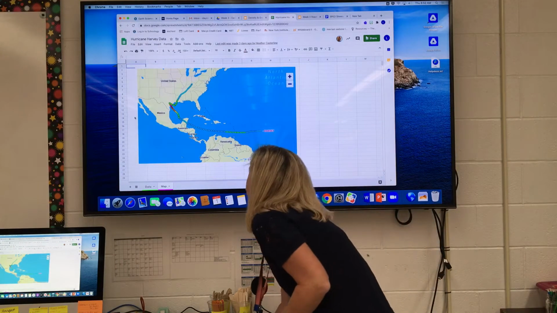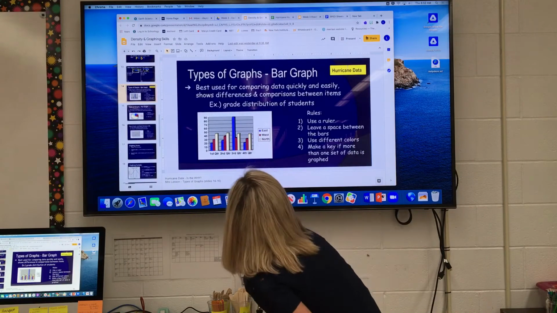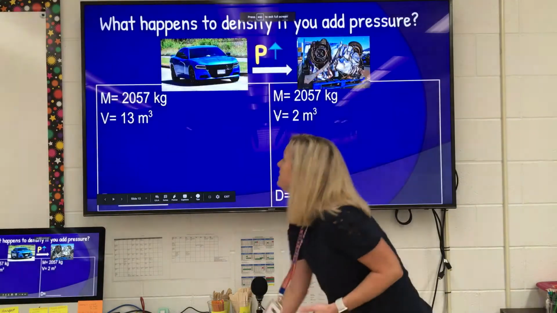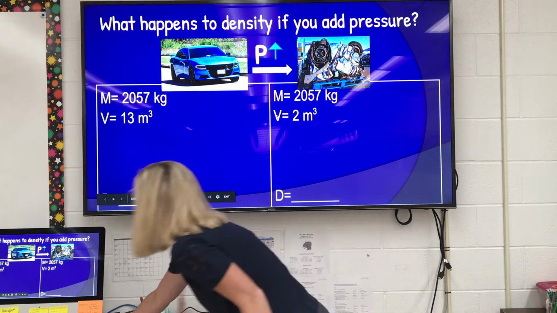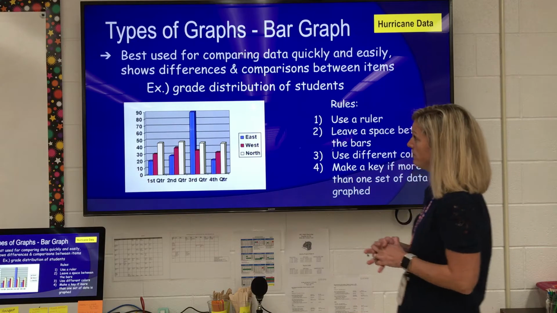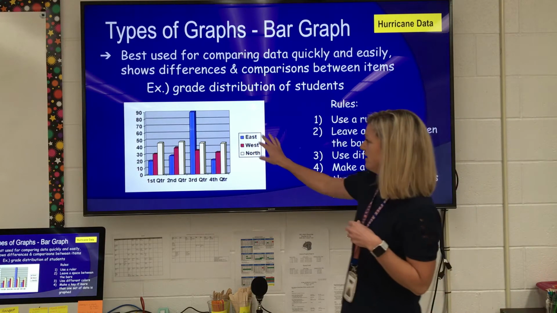So when we talk about graphing itself, you do have some options. We could initially say to you, make a bar graph, which I'm sure some of you have made before. This helps you compare data really quickly, right? So we have a key here.